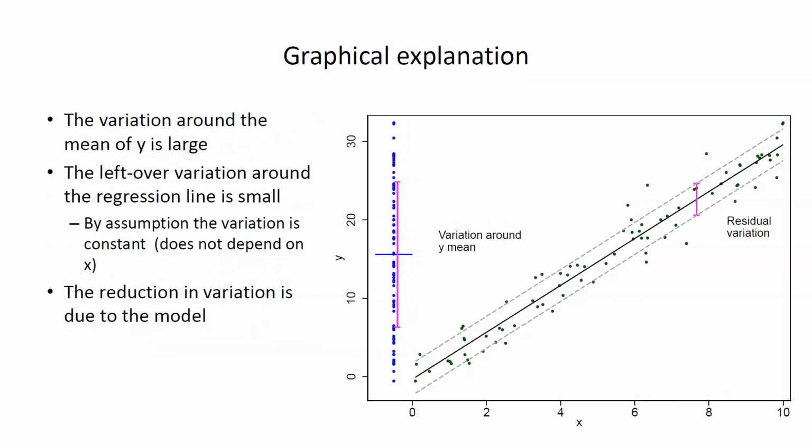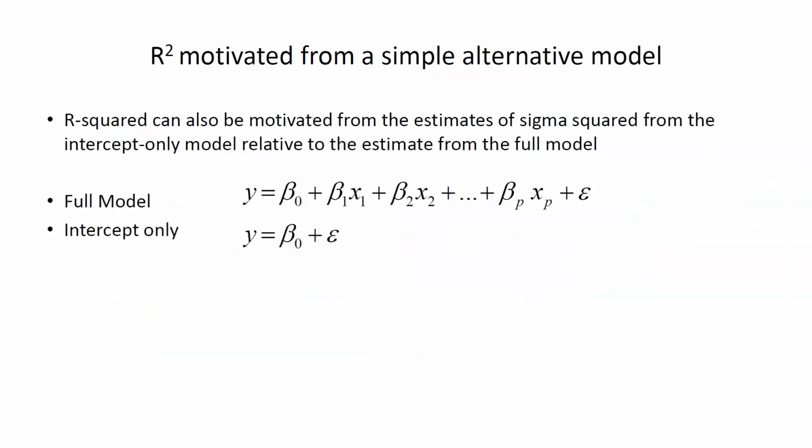I think I've said a lot of this already. By assumption, the variation is constant. The reduction in variation is due to the model. And the variation around the mean of Y is very large. And the mean of Y might be considered a very simple model. And here is that intercept-only very simple model. It's Y equals beta 0 plus epsilon.